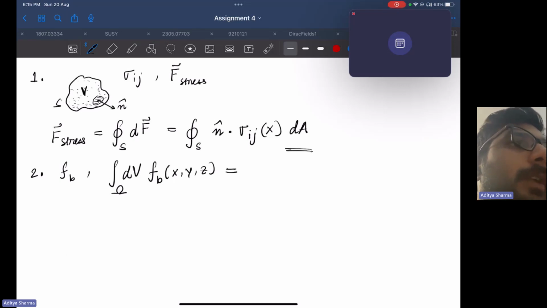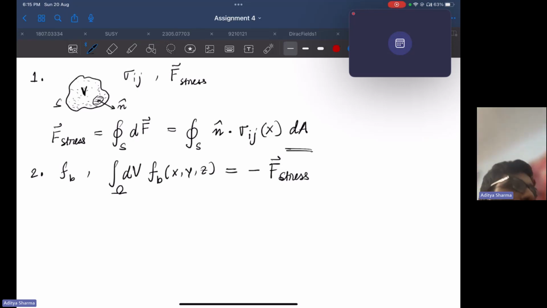If the body is not deforming, then this body force should be equal to the negative of the stress which is being applied from outside. So that is the idea.